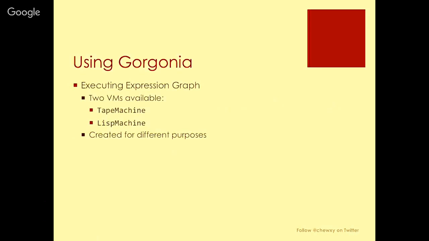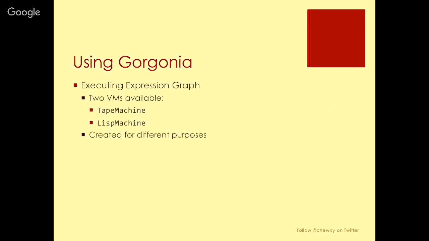And the package comes with 2 different types of VMs, the tape machine and the list machine. And they were basically created for different purposes. There was a third VM that used stacks and dealt with artificial gradients, but Google Brain came up with something significantly better.